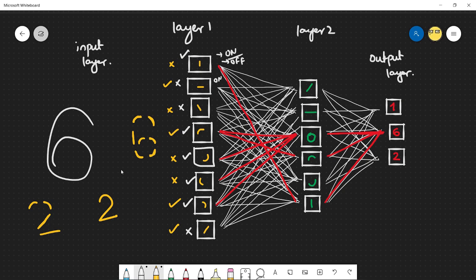Okay, in that case, when my network sees the number 2, I really want these particular connections to be really, really prominent. This one here, this connection here to be very prominent, and then I want this connection to be prominent, and then ooh, I'm missing another one, but let's just go with this for now.